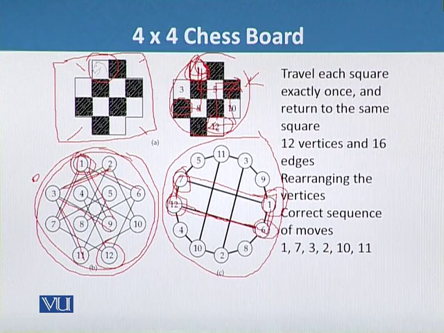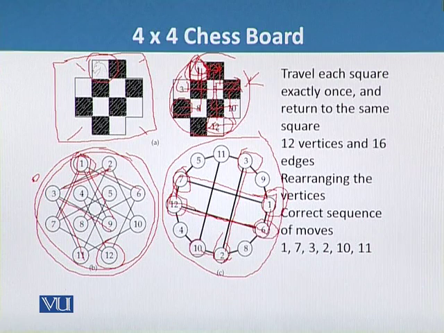It can also be a cyclic form if we consider the horse is at position number 3. From position number 3 it can move to position number 2. Then from position number 2 it can move very easily to position number 10.